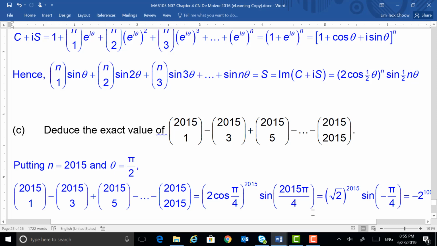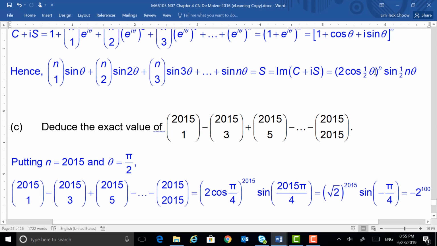So upon reducing it, can you see over here, you're going to have 2 cosine theta over 2, where theta is pi over 2, so half theta becomes pi over 4. Cos of pi over 4 is actually 1 over square root 2, times 2 will give you a root 2. So you got root 2 to the power of 2015. At the same time, you're going to have 2015 times pi over 2 times half.